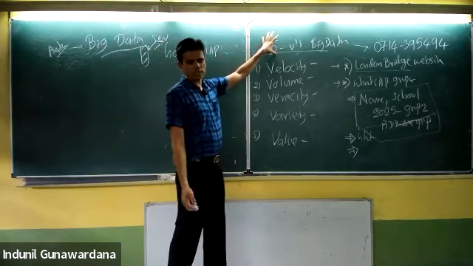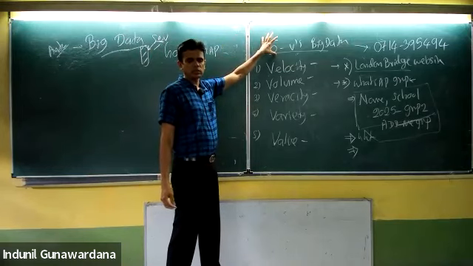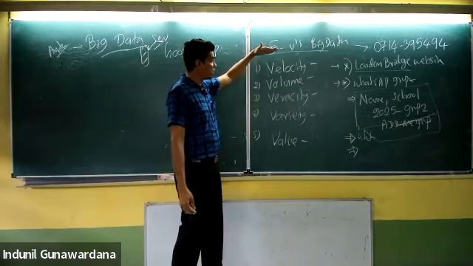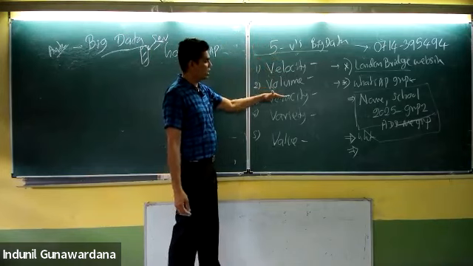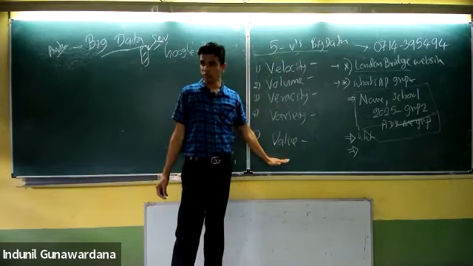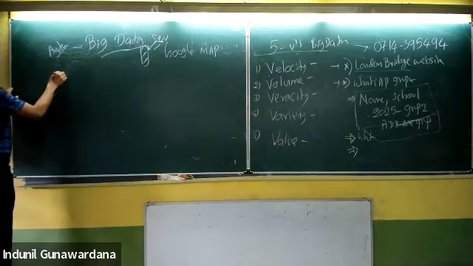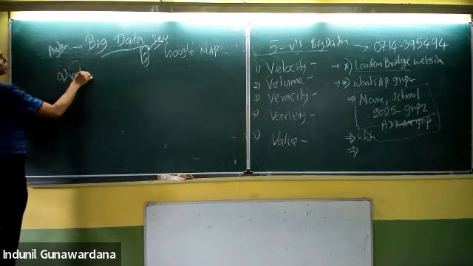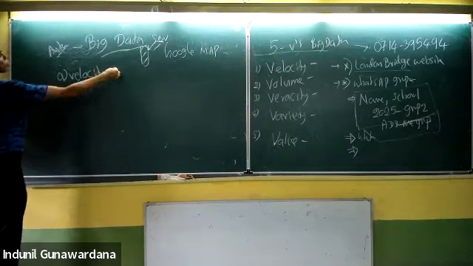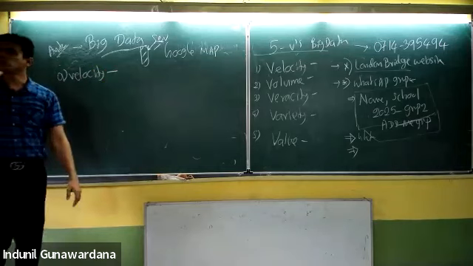There are 5 V's to define big data: velocity, volume, veracity, variety, and value. We'll see what those features are with respect to big data. So part A, velocity, very simple. What is velocity?